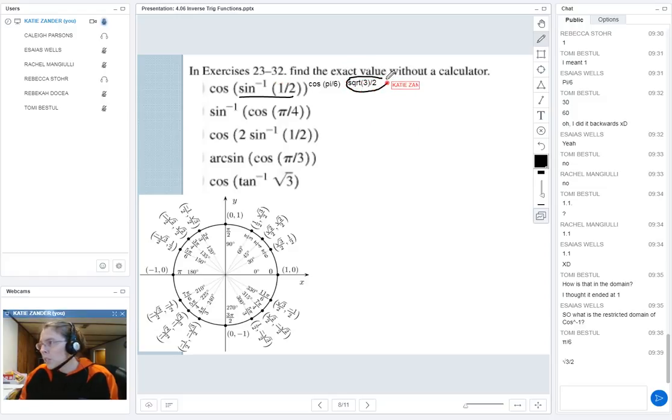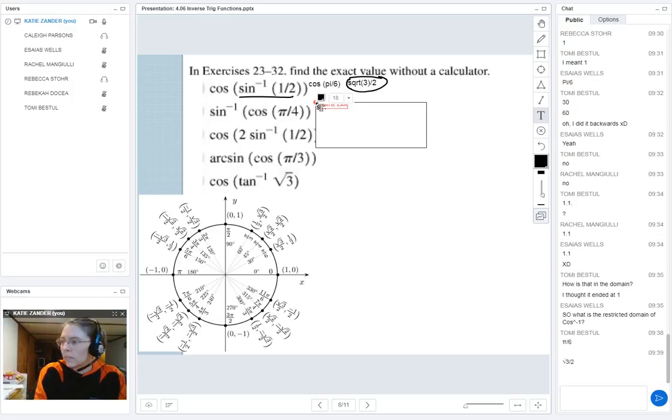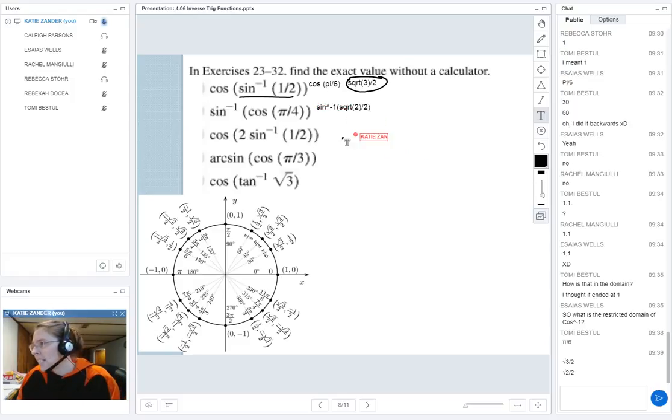So it's a two-step process with these. Let's start with the next one. You have to start with cosine of pi over 4. What is cosine of pi over 4? Square root 2 over 2. All right, now we're left at finding the sine inverse of square root 2 over 2.